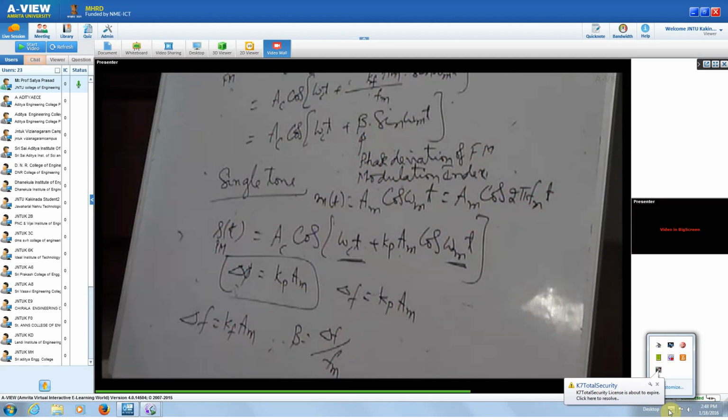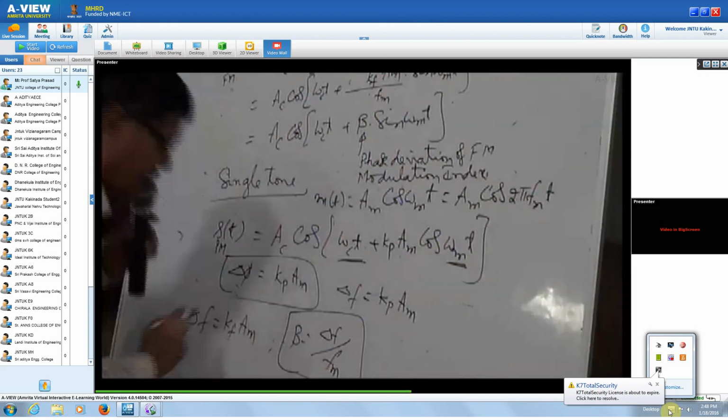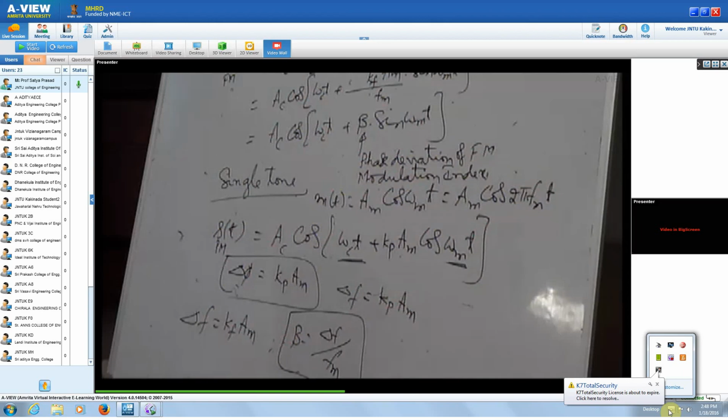The modulation index that we are going to have. So this is the relation between your modulation index and the frequency deviation. Beta is going to be delta f by fm.